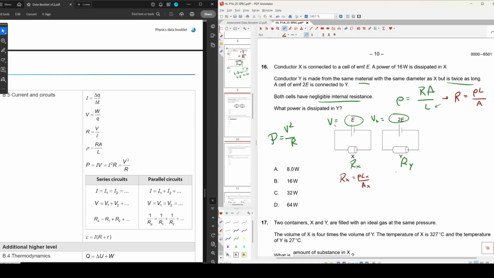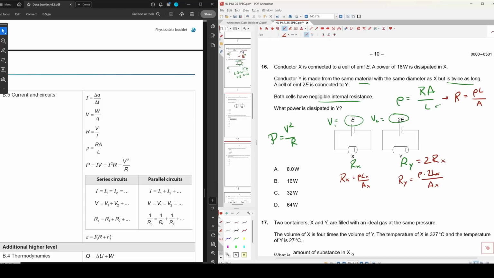They're not changing the diameter where I'd have to worry about area with the diameter squared. So the resistance of Y is just going to be rho times, because it's the same, 2 times the length of X over same diameter, so same area. So I think Ry is 2Rx. That's double the resistance. It's just twice as long. Everything else is the same.